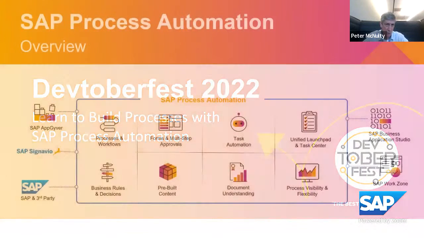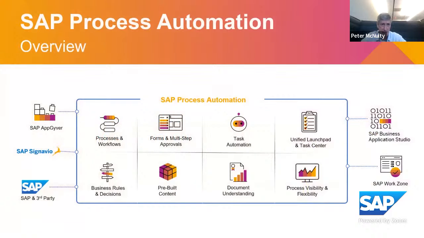So what I'd like to talk about today is SAP Process Automation, but as part of this structure, I want to focus on one aspect, which is the process visibility. As we know, process automation combines capabilities of workflow and automation into a single product.